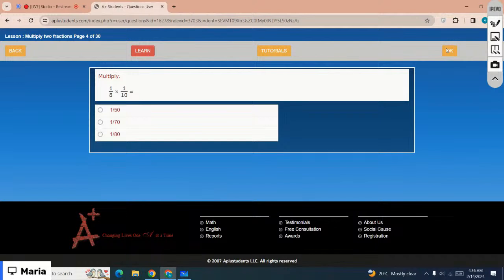Okay, the next one is 1 by 8 times 1 by 10, which is the correct option? That is 1 over 80. 10 times 8 is 80. 1 by 80 it is.